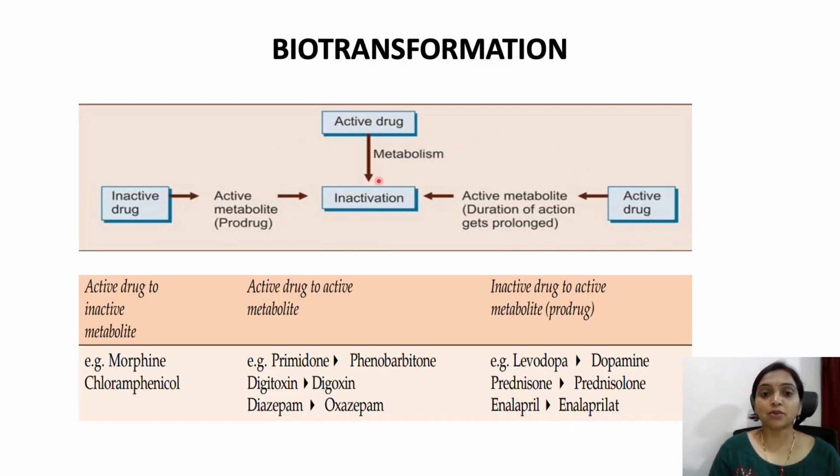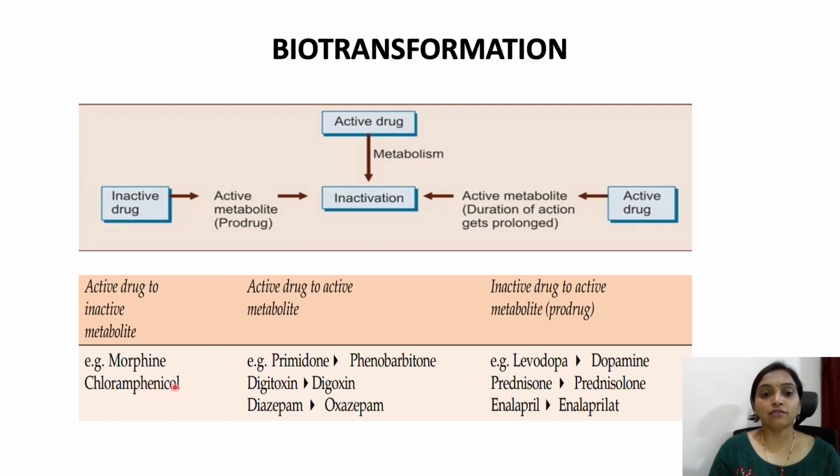All these processes occur during biotransformation. Here are a few examples. The first thing we saw was an active drug converted into an inactive form, like morphine, an active drug which will be converted into an inactive metabolite that is easily excreted.